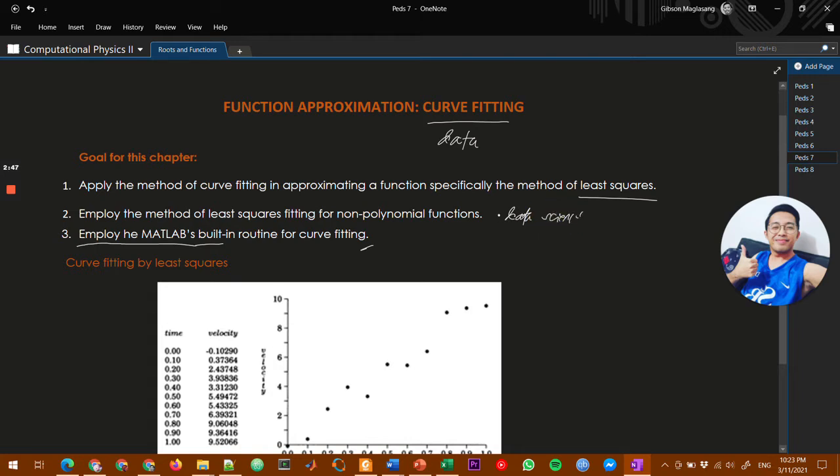So let's say problems in data science and also we have problems in experimental science, we have problems in physics, biology, chemistry, and so on.